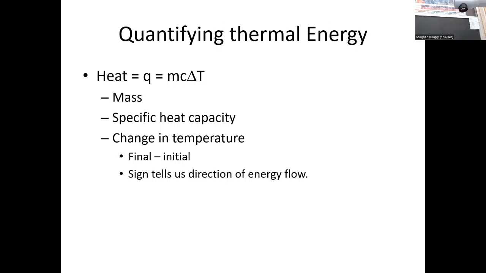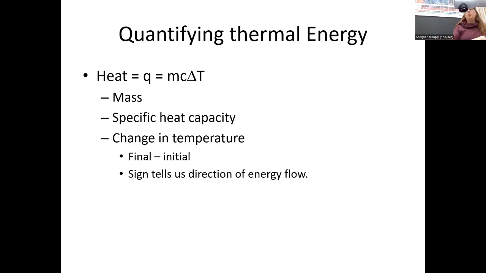Now, anytime you see that triangle, that's the Greek letter delta, that means final minus initial. So it's not just a magnitude of change, it also has a sign, either positive or negative. And that sign tells us, is the energy going from the piece of metal into the water or from the water into the piece of metal? It tells us the direction that that energy is flowing.